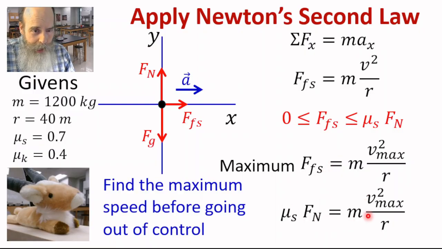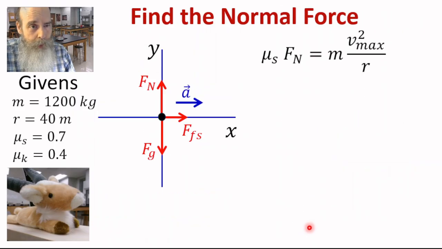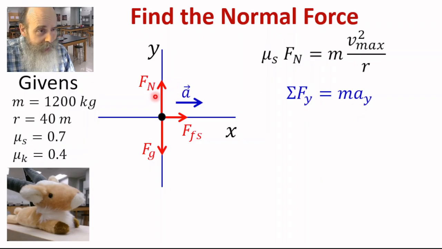So this is what we have, and now we need to find the normal force. So here's our equation. Now to find the normal force, we should apply Newton's second law in the y direction. Sum of forces y equals m ay. Let's take the upwards direction to be positive and the downward direction to be negative.